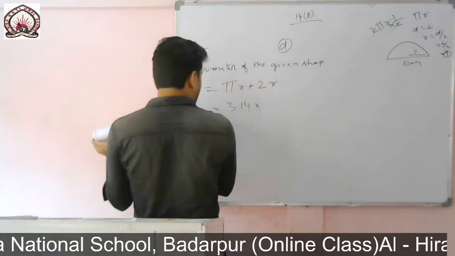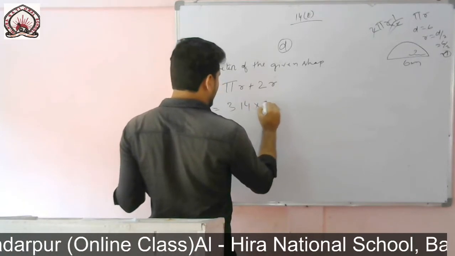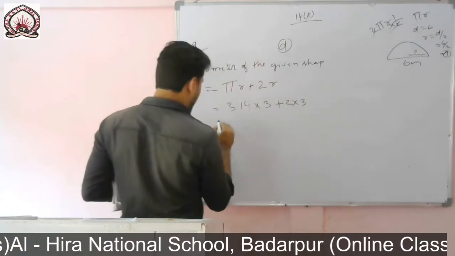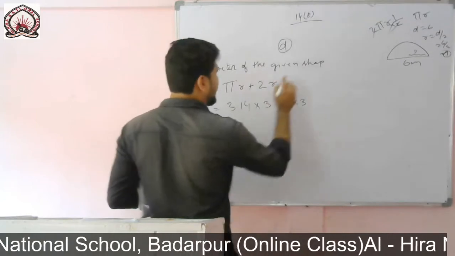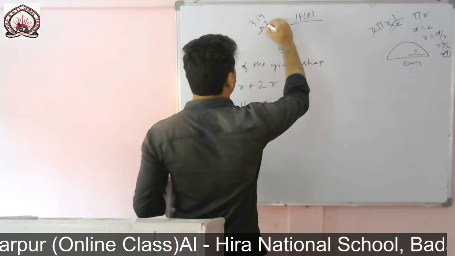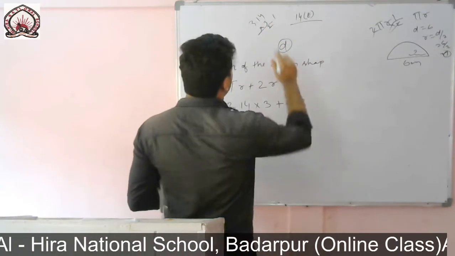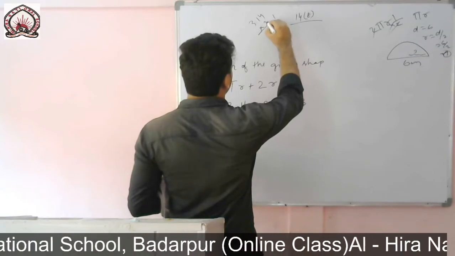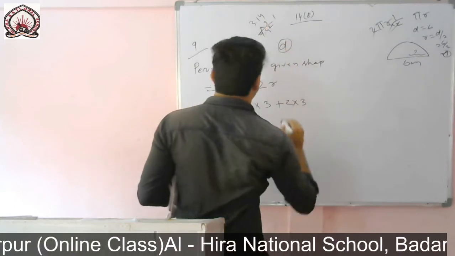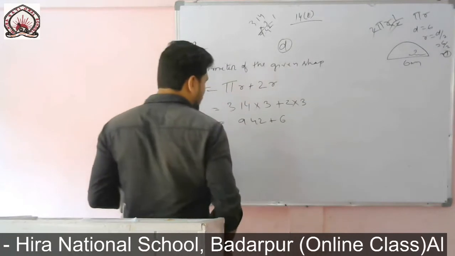So it will be 3.14 into 3, plus 2 into r, again 3. If you multiply 3.14 into 3: 3 fours are 12, 3 ones are 3, 3 threes are 9, so 9.42, plus 2 threes are 6.